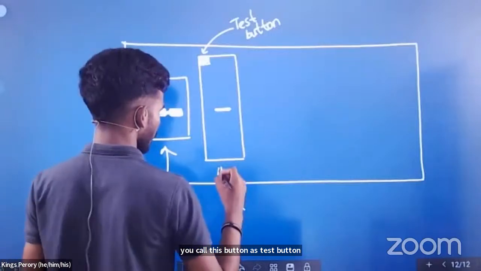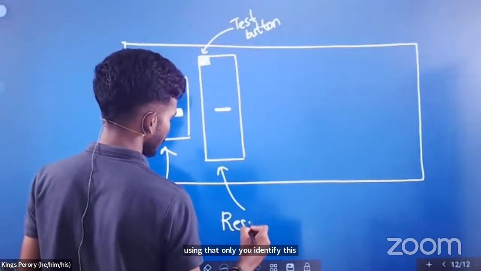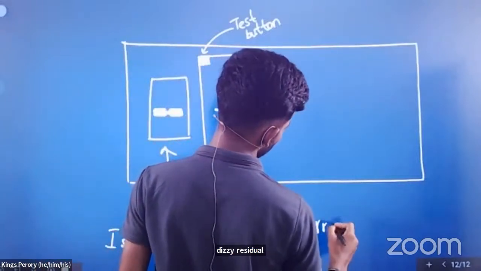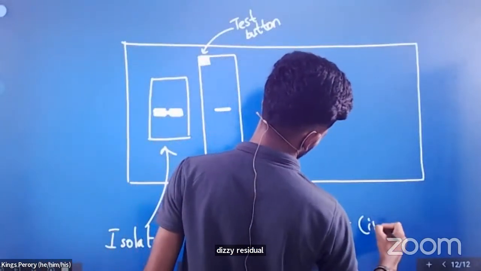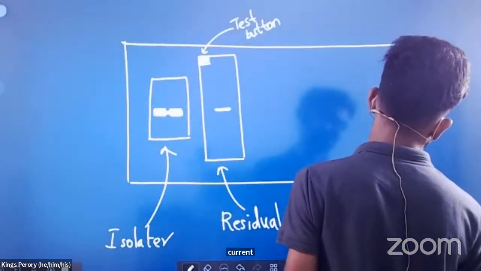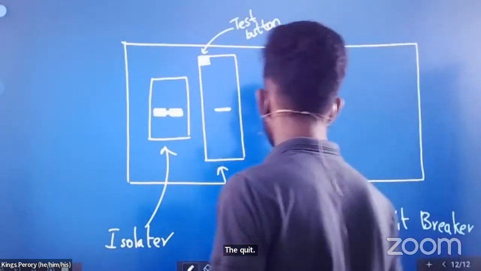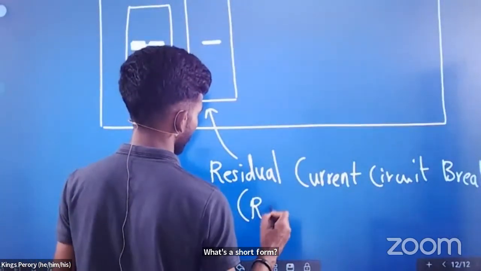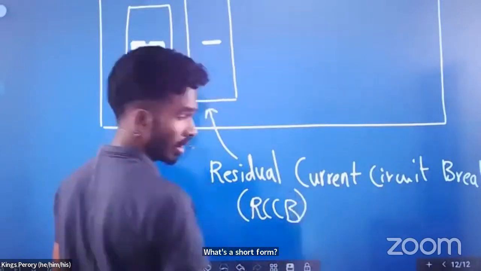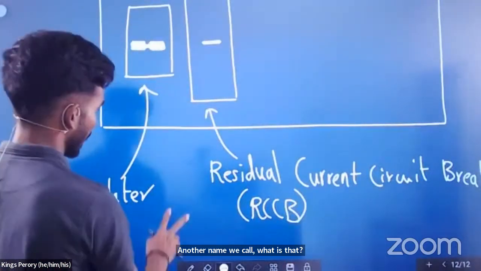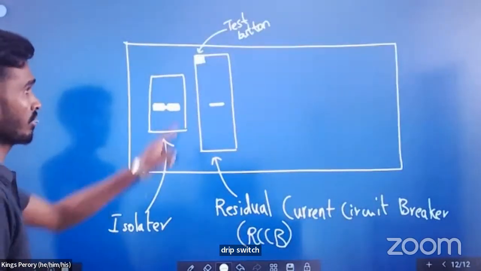This is the residual current circuit breaker. What's the short form? RCCB. Another name we call, what is that? Trip switch. So the trip switch you can identify using this button.